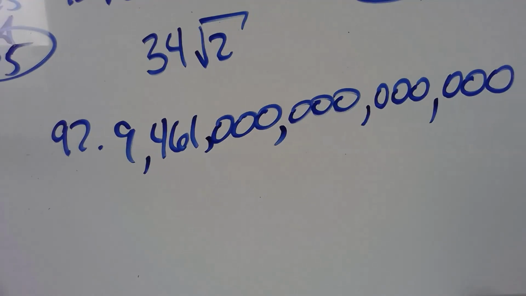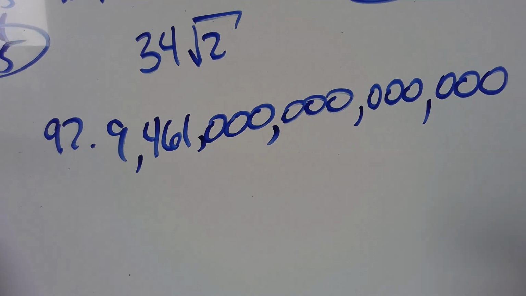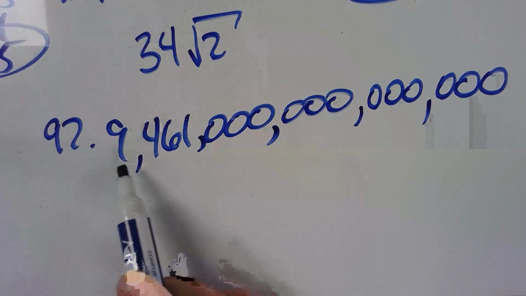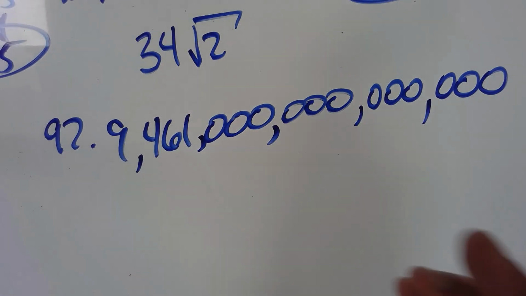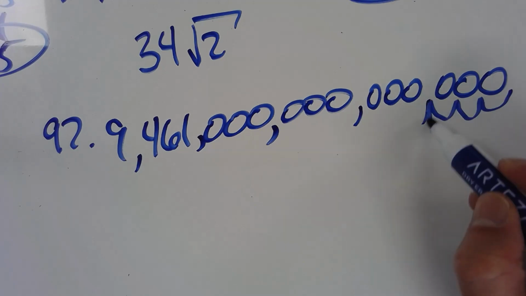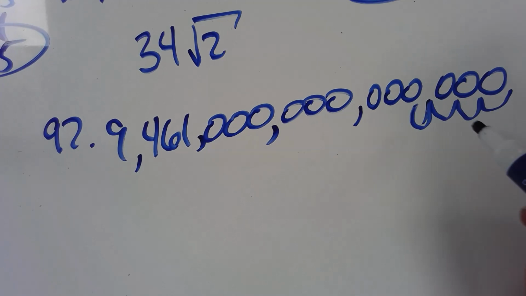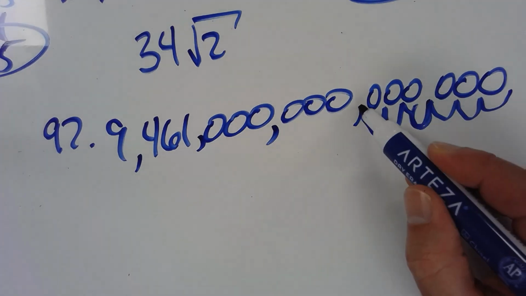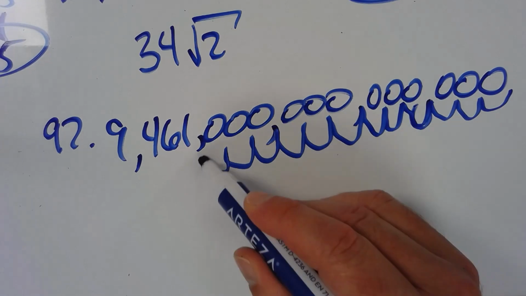All right. So scientific notation is one non-zero digit, then the decimal, then the rest of the non-zero digits. So this is where you have to count 1, 2, 3, 4, 5, 6, 7, 8, 9, 10, 11, 12, 13, 14, 15. So it's 9.